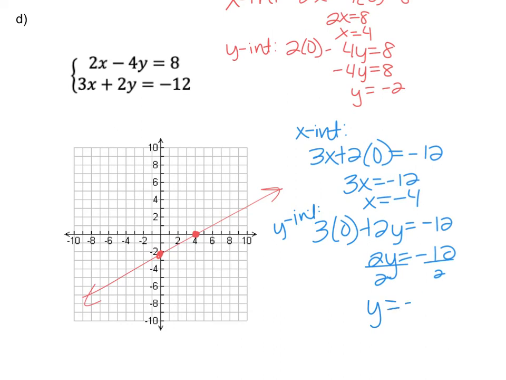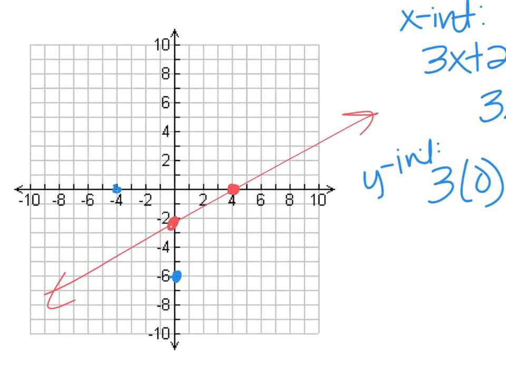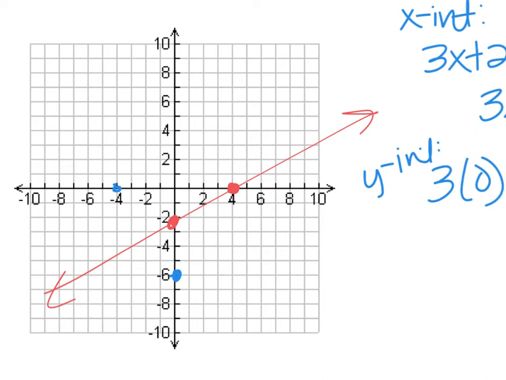So y equals negative 6. So negative 6 on the y-axis and negative 4 on the x-axis, right? So this is one of the times when it looks like it might not be the best.